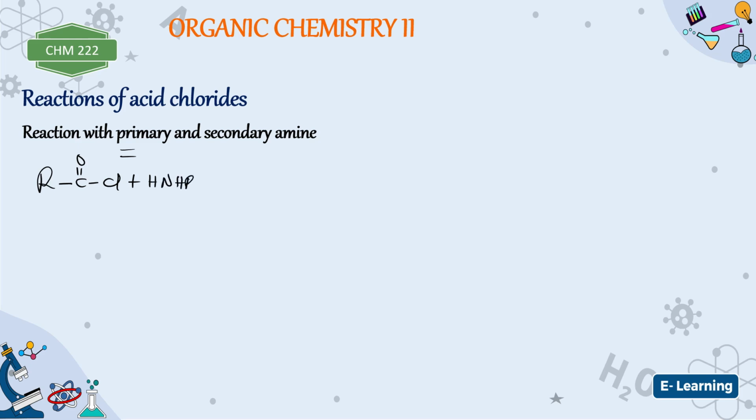Now still the same procedure, these two things will combine. All right, and then at the end of the day, you are going to form R, C double bond O, NH R. This is N-alkylamide.